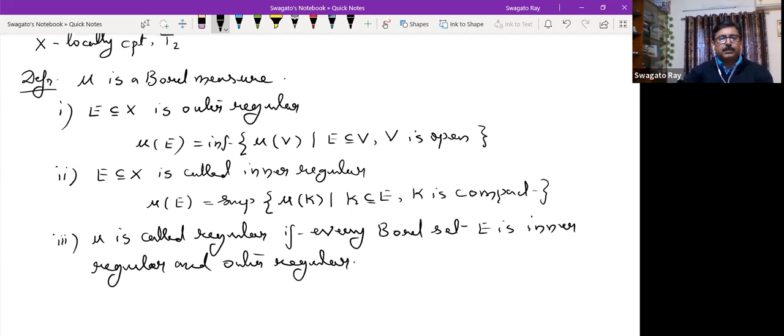So a regular measure basically means that it has the property that for any Borel set E, you can approximate its measure from inside by compact sets which are sitting inside E. And you can also approximate the measure of the set from outside, from the bigger sets, open sets, which contain E. Then the measure is called a regular measure. And these are the best possible situations which we can have.